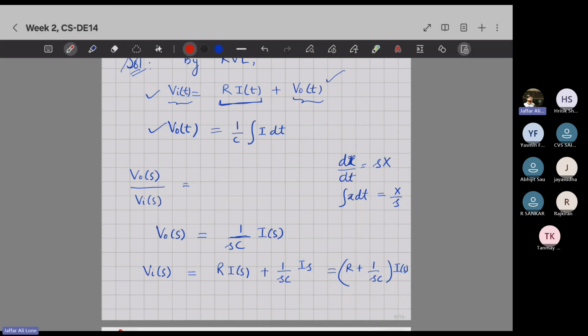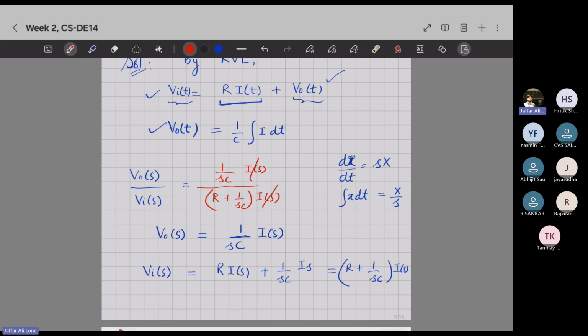So Vo over Vi is 1 by sC of I(s) divided by R plus 1 by sC of I(s). The I(s) cancels, and this is the answer: 1 by sC divided by R plus 1 by sC.